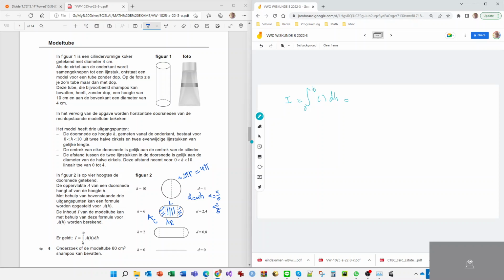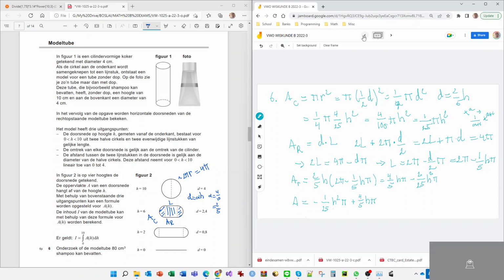And so the primitive of, so you have 1 pi h squared, and what do we have? Plus 4/5 h pi.